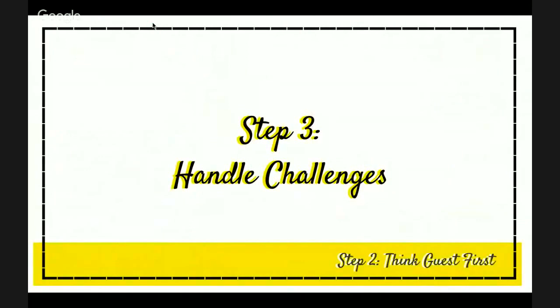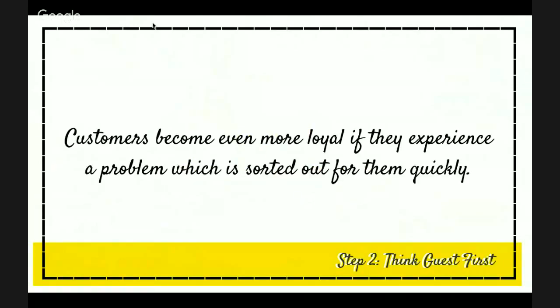You've got to handle challenges. And this is what I mean by handling challenges. Customer behavior tells us that customers become even more loyal if they experience a problem which is sorted out for them quickly. And so what can happen is you've got people who will come to your church, maybe the baby's crying, maybe the children's area is full, and they're challenged and they may be frustrated.